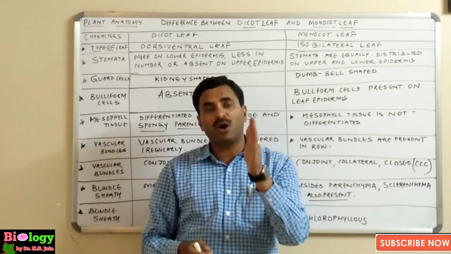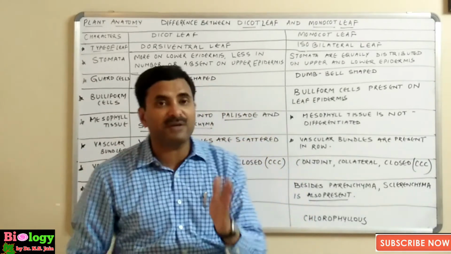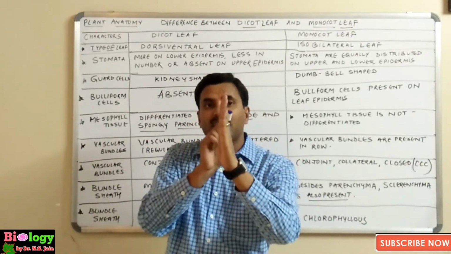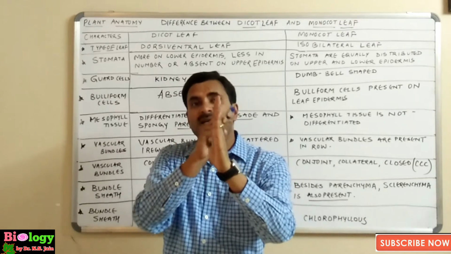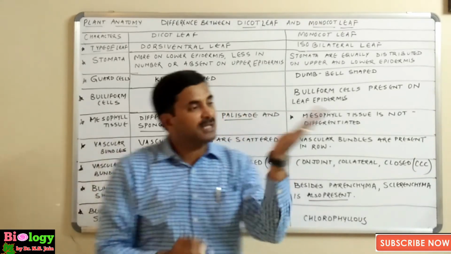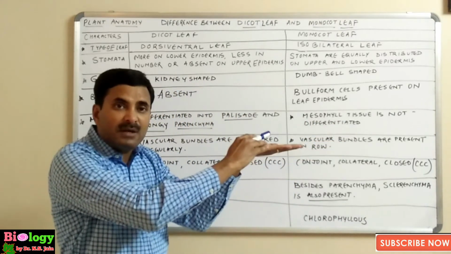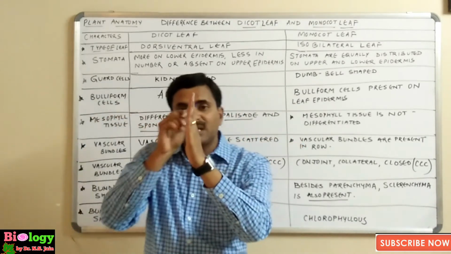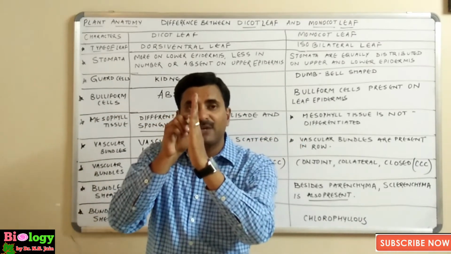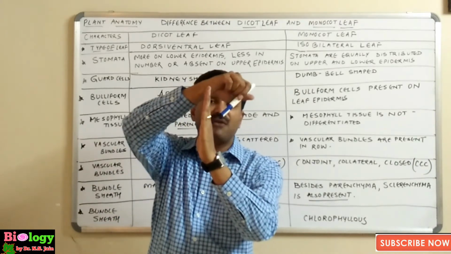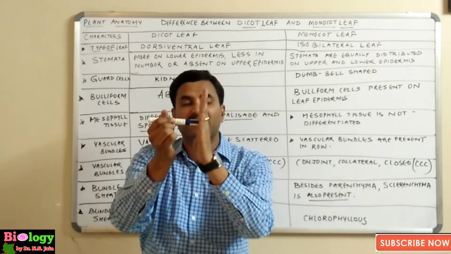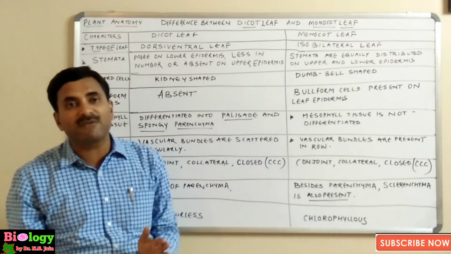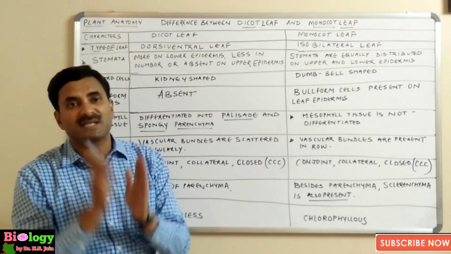And the position of the isobilateral leaf is just like this. See here. You cannot say that this surface and this surface have any difference. But in the case of the dorsiventral leaf, the dorsal and the ventral surfaces had a difference. But due to such position of the isobilateral leaf, you cannot say that there is a difference between this surface and this surface.